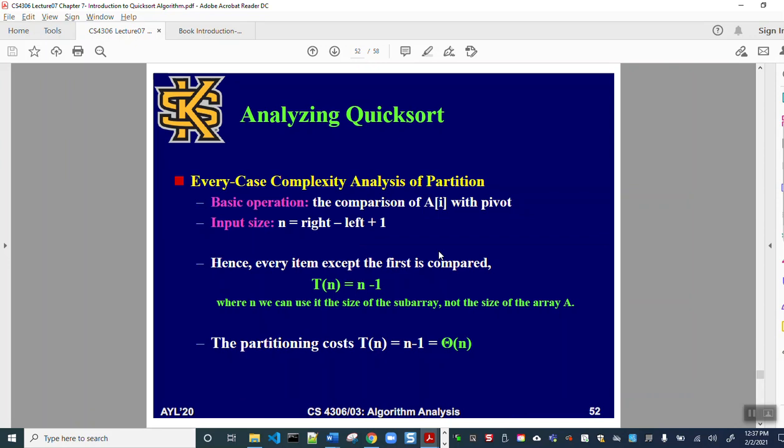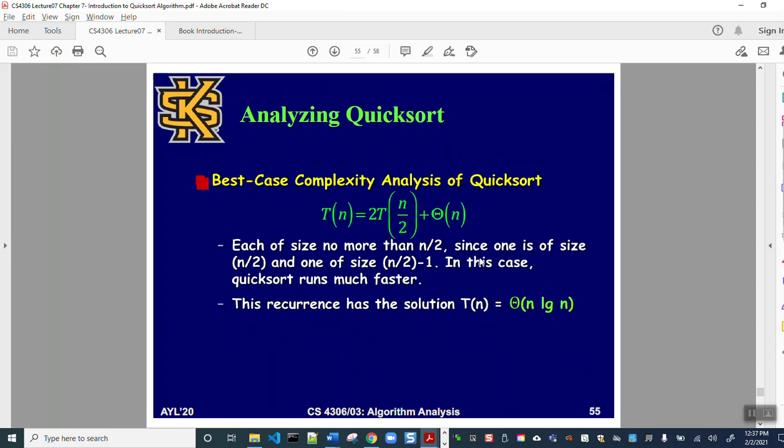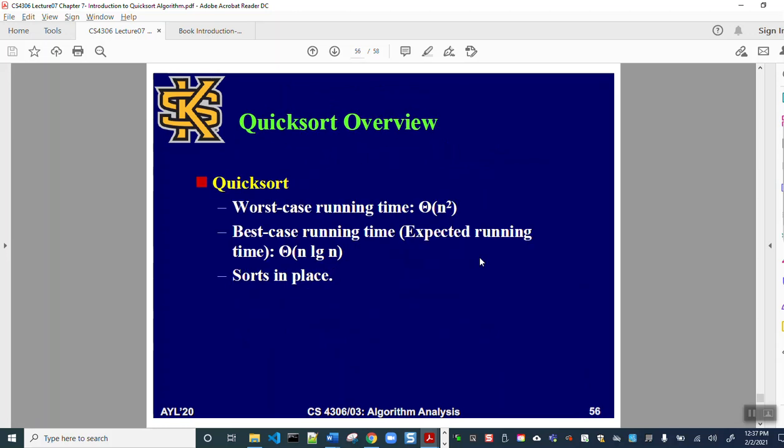In our next lecture we will analyze the quicksort algorithm. You will see that in the worst case the complexity will be theta n squared, and in the best case the complexity will be n log n.